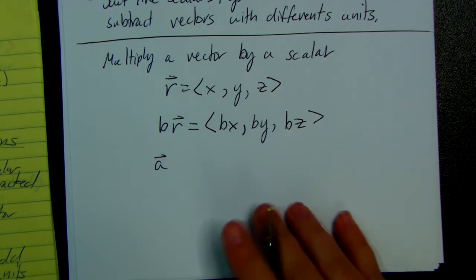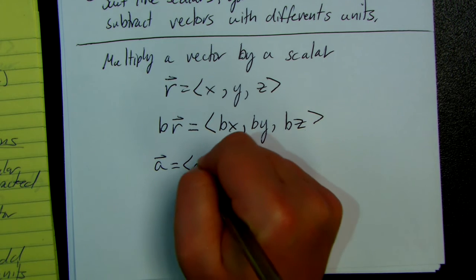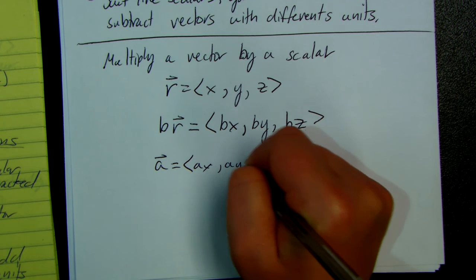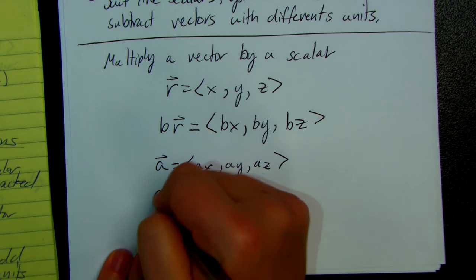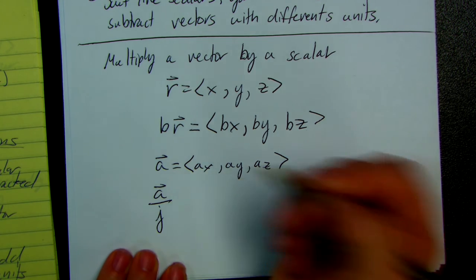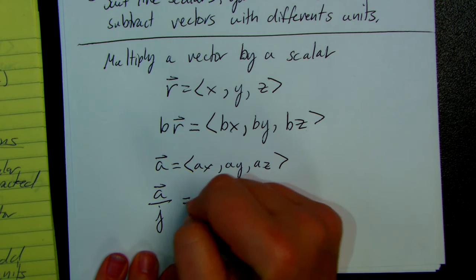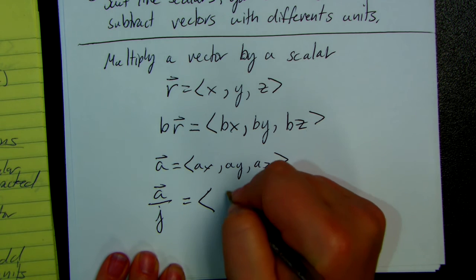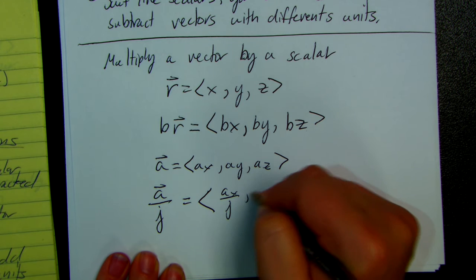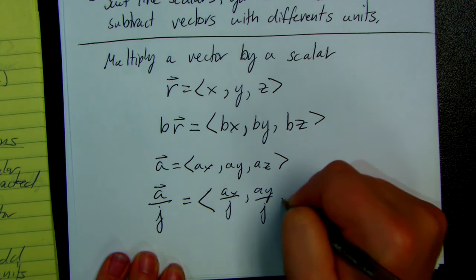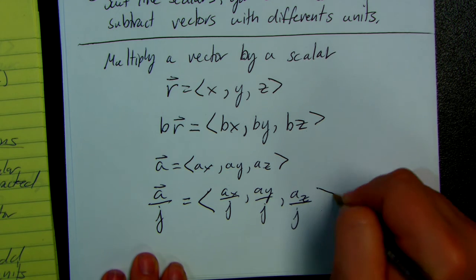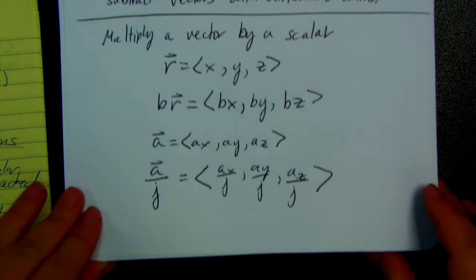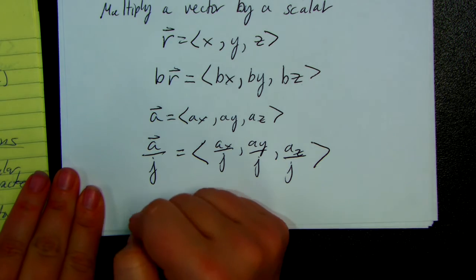Now if we divide a vector by a scalar, look at how that looks. We have that a is equal to a sub x, a sub y, a sub z, and we're going to divide a by the scalar j. Then the result is a sub x divided by j, a sub y divided by j, a sub z divided by j.